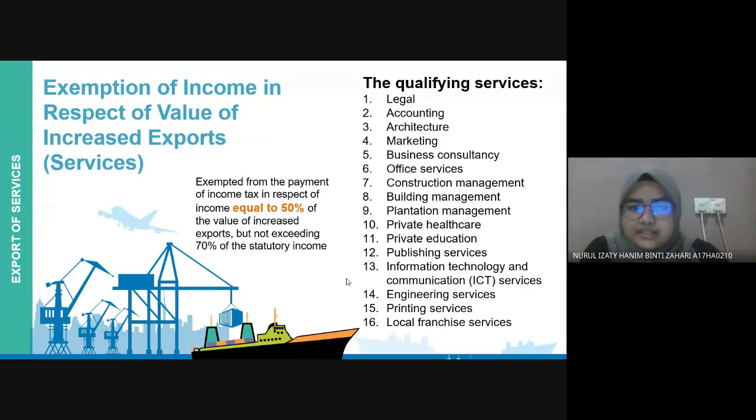The companies that export these services to foreign clients are exempted from the payment of income tax in respect of income equal to 50% of the value of increased exports, but not exceeding 70% of statutory income.